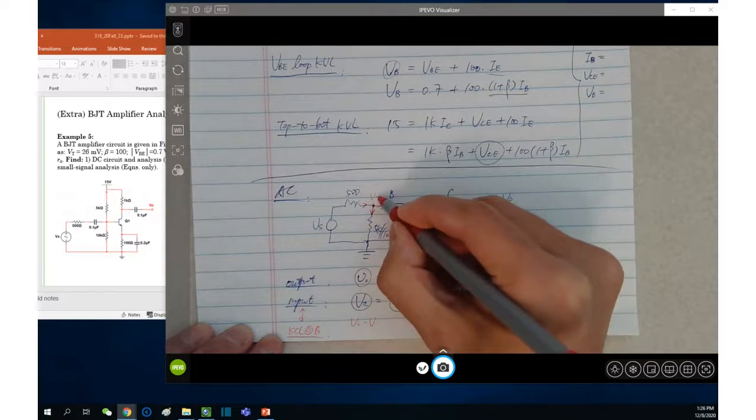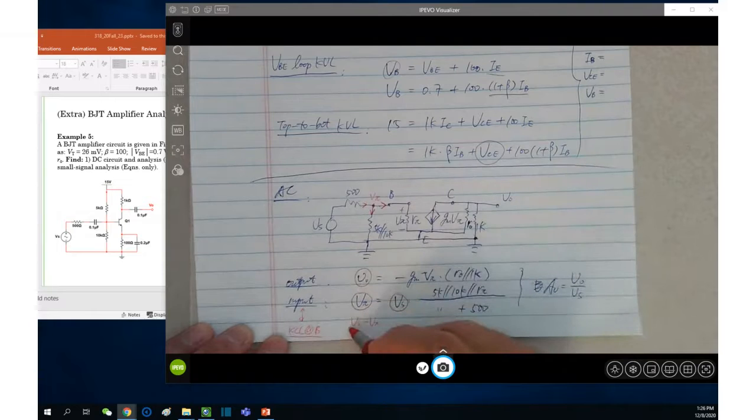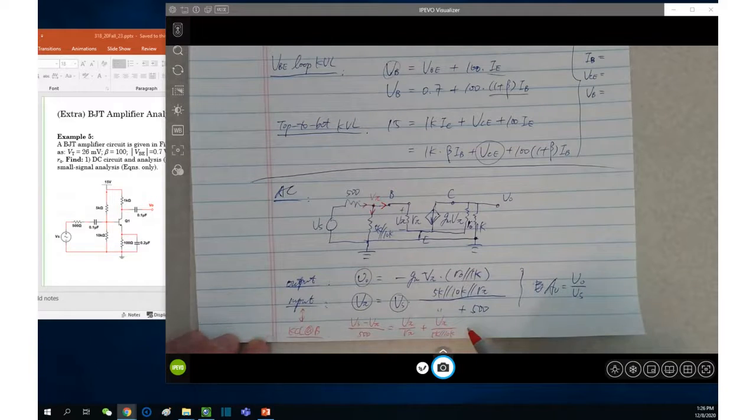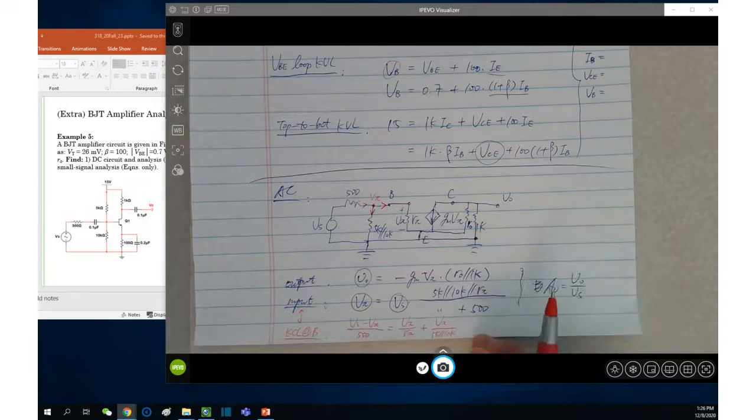V pi, exactly. So (Vs minus V pi) divided by 500 equals V pi over R pi plus V pi over 5K parallel with 10K. This is exactly the same equation as the second one. The red color is the alternative equation to the second input equation, the voltage divider.